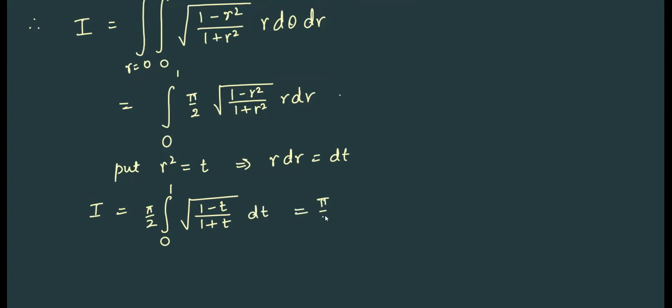We rationalize the numerator. So multiply and divide by under root of 1 minus t. So we'll get in the denominator under root of 1 plus t into under root 1 minus t, which is 1 minus t square, dt.